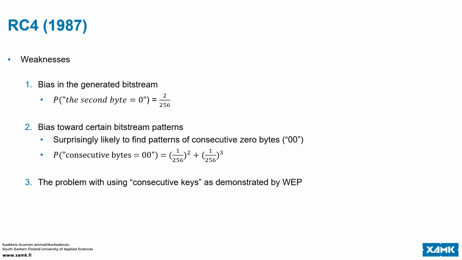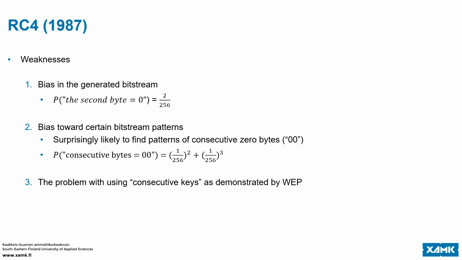And the final problem with the pseudo-random number generator in the ARC4 cipher is actually something that we already looked at. The problem with using consecutive keys, as demonstrated in the previous lecture, in the WEP cipher system for Wi-Fi security.